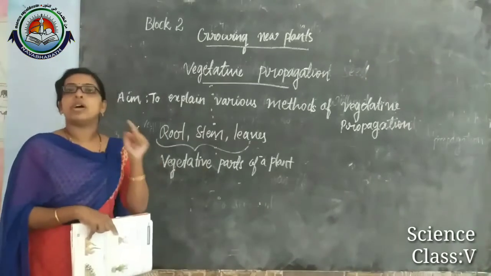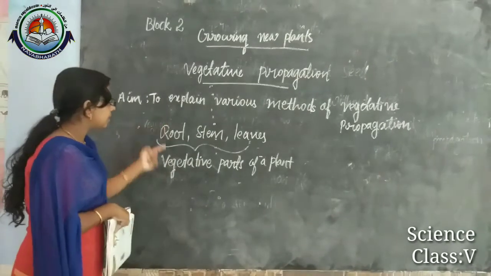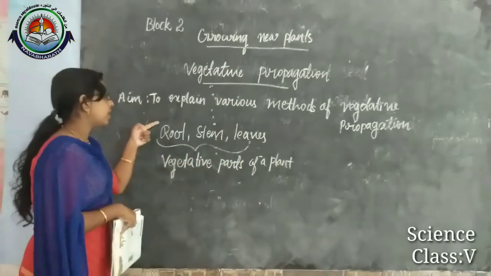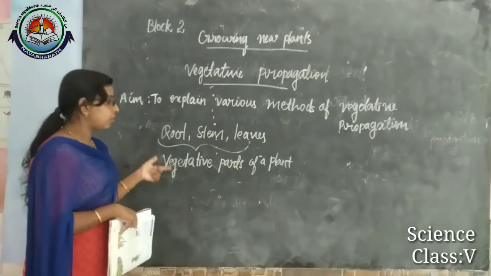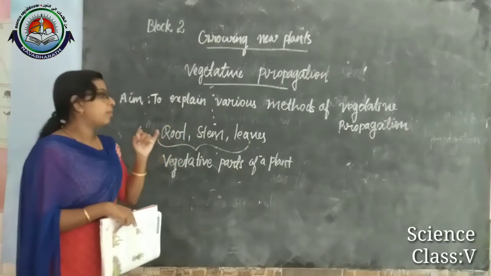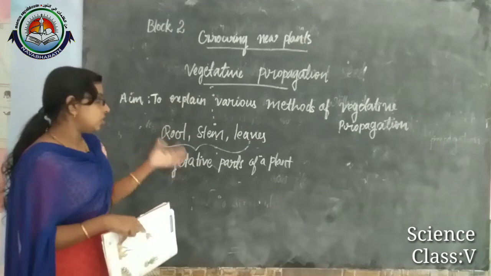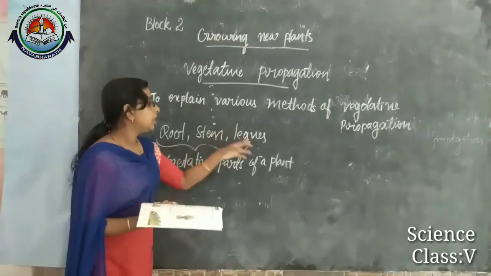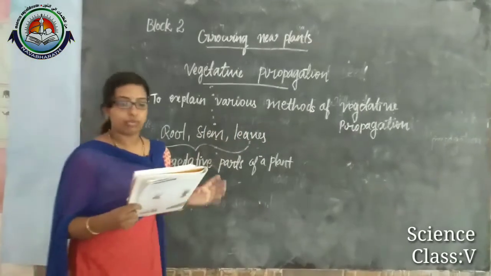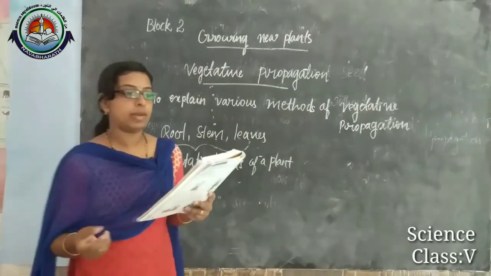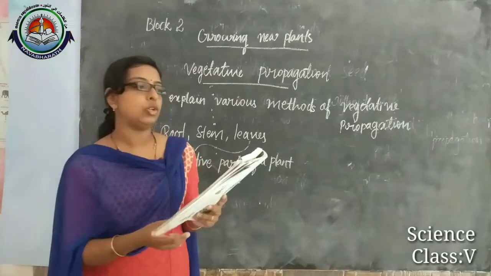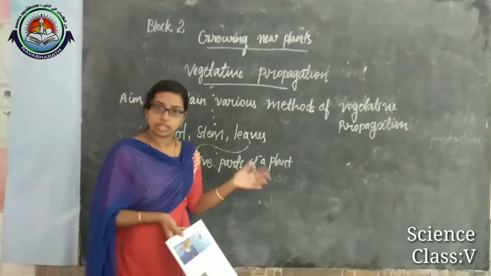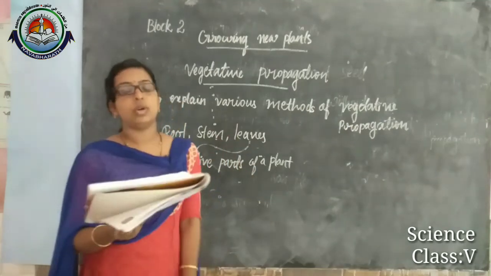In this section you should learn the examples and plant names. For root, carrot and sweet potato, and for stem, potato, ginger, sugarcane and bamboo. Then leaves, bryophyllum. Each bud can form a new plant, and if it falls on moist soil, it changes into a new plant.